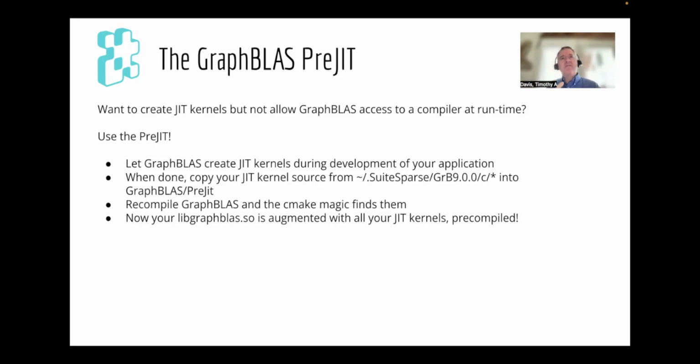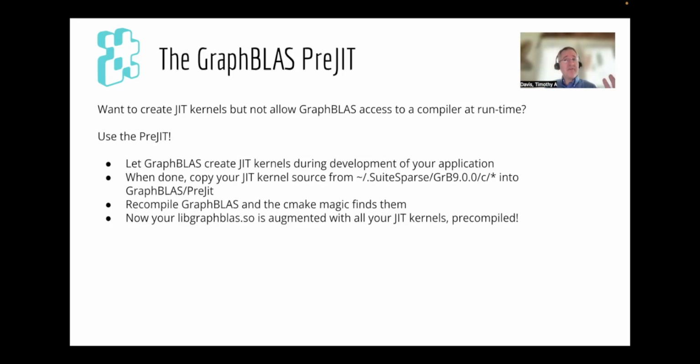But you don't want to give the end user access to the compiler for JIT kernel creation. So what you do is you use the pre-JIT feature. During development time, you turn the JIT on and you walk your application through all its paces. Say FalkorDB, you do a bunch of graph queries. You let me compile lots of JIT kernels.